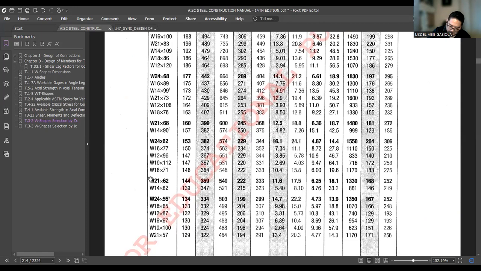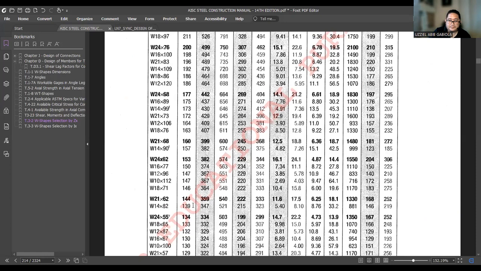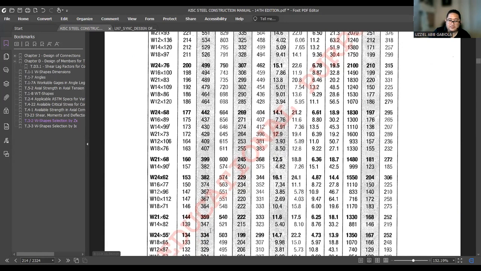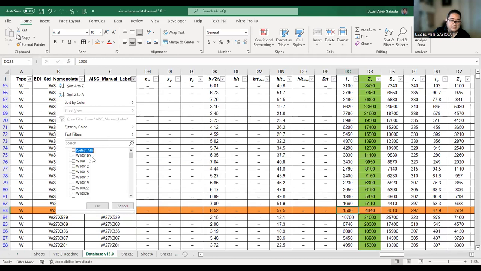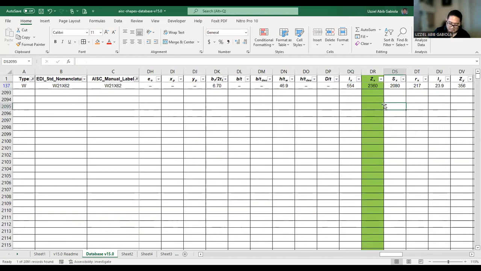So try W21 by 62 natin. Okay? So pag na-select natin yung section, ang gawin natin is kunin natin yung properties niya dun sa table natin. Punta tayo dun sa table. So, database natin and then select lang natin dito W21 by 62.